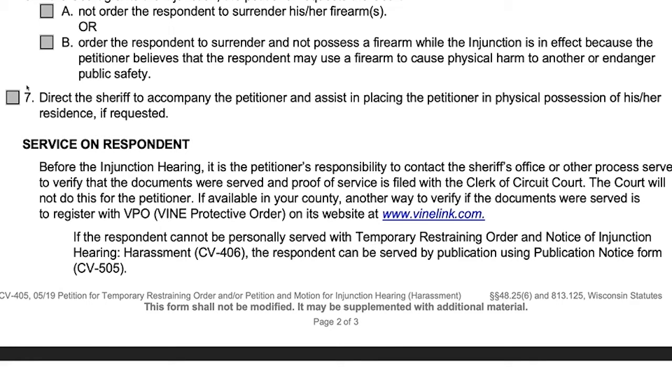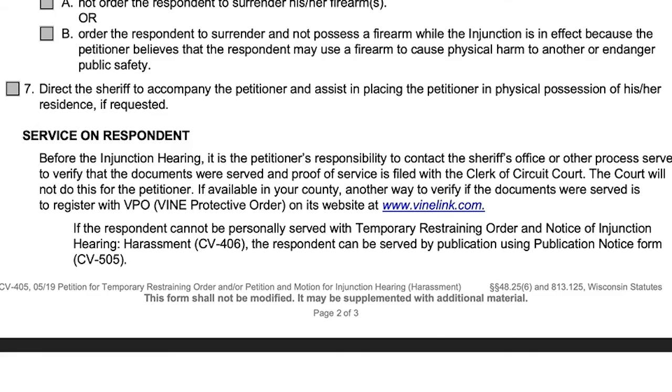This is where you ask the court to help you get a sheriff or a sheriff's deputy to come with you and get your place of living back. It's always better to have a sheriff or a sheriff's deputy with you when this is going on. Don't do it on your own if you're asking for a protective order.